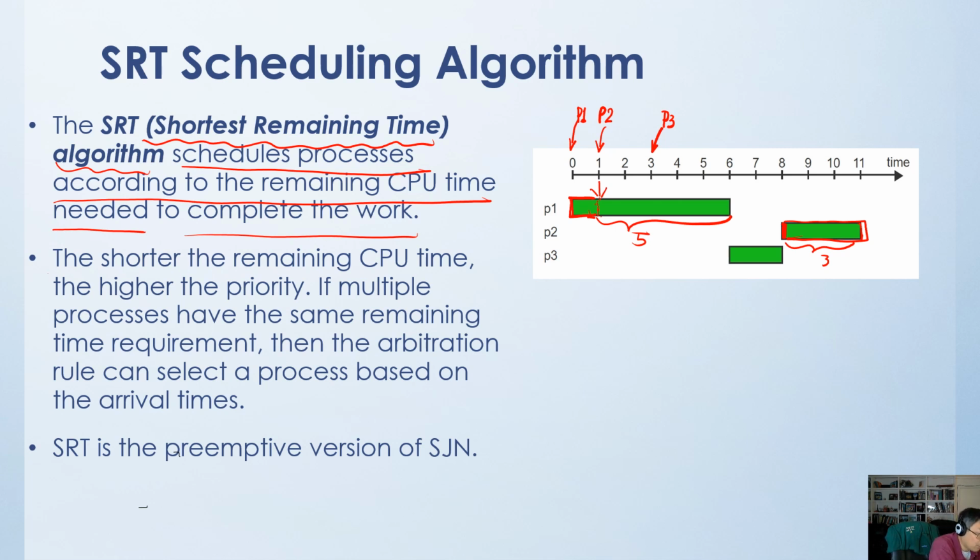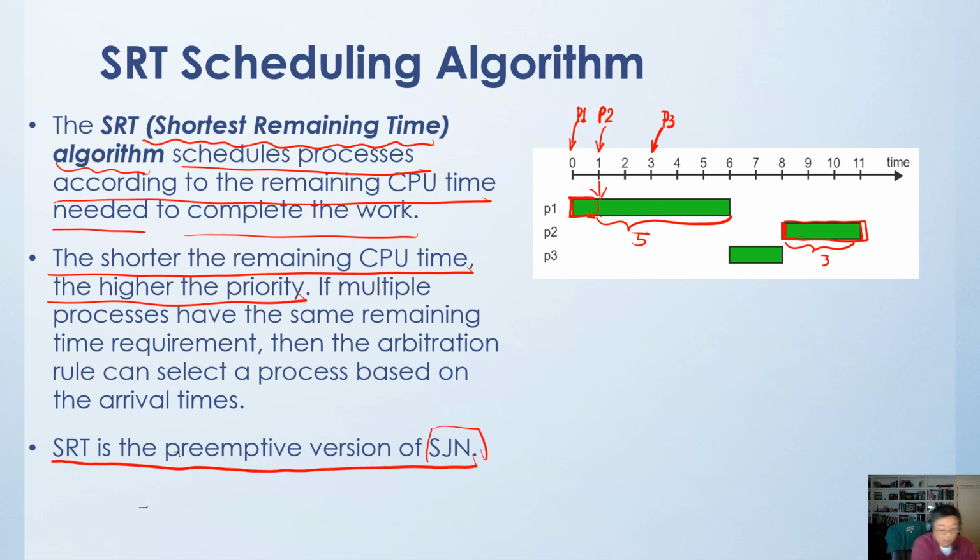So the shorter the remaining CPU time, the higher the priority of the process. Again, the arbitration rule applies if multiple processes have the same remaining time. So from this perspective, SRT is the preemptive version of SJF or SJN, shortest job first or shortest job next. Whatever you call it.